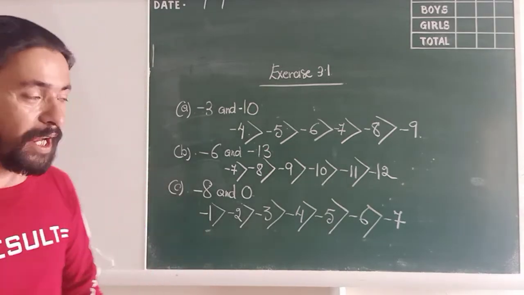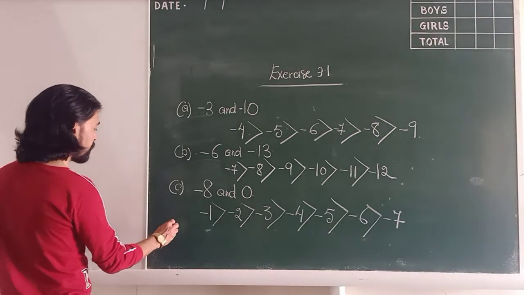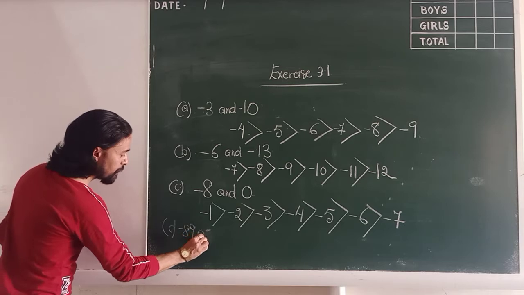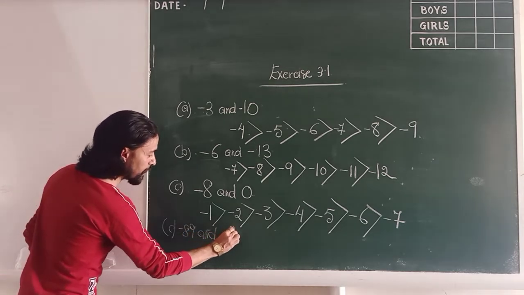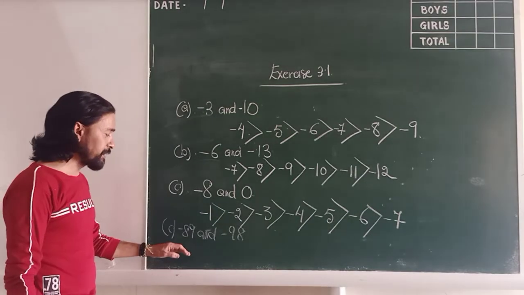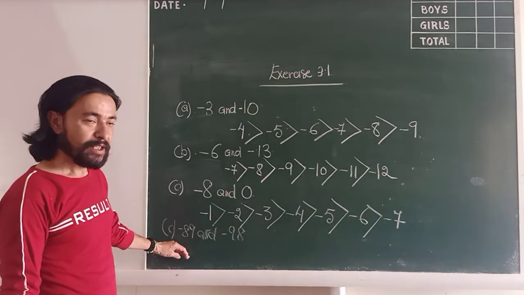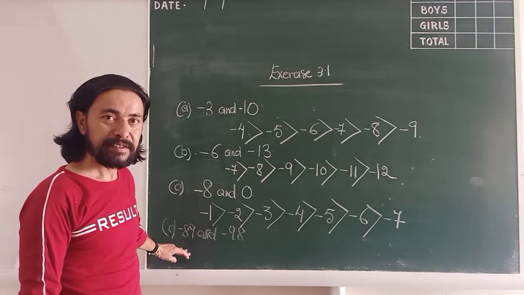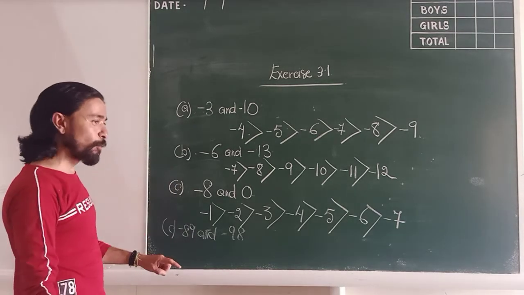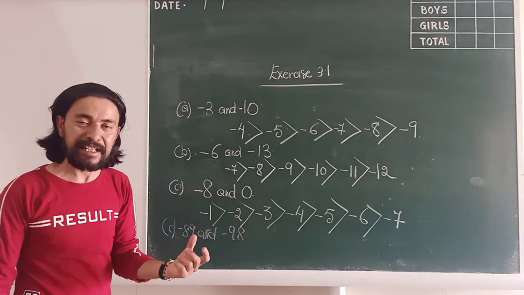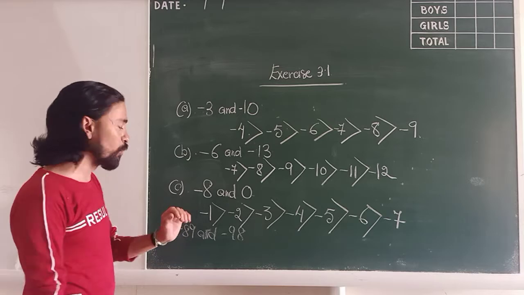Minus 89 and minus 98. So I have to write the next smaller number than minus 89. So the next smaller number will be obviously the greater as a digit, but because it is negative, the value will go down.